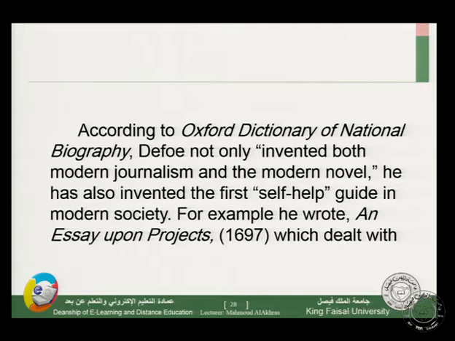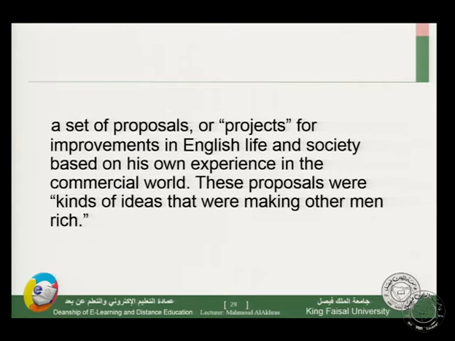He wrote An Essay upon Projects in 1697, which dealt with a set of proposals or projects for improvements in English life and society, based on his own experience in the commercial world. These proposals were kinds of ideas that were making other men rich.